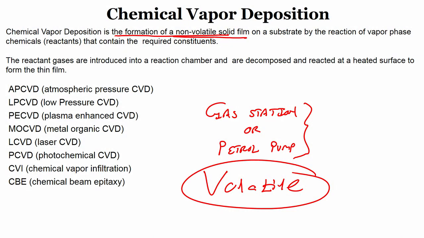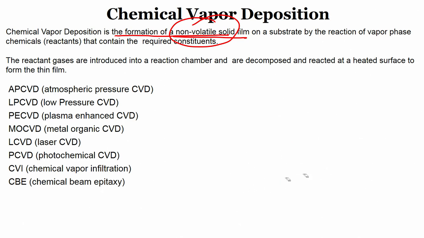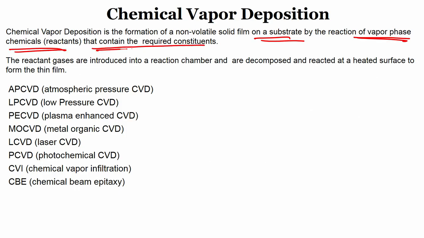So, when we talk about chemical vapor deposition, what is written? Chemical vapor deposition is a formation of non-volatile solid film, that means once it is deposited it will stay. I was just showing you the difference between volatile and non-volatile. Now, we know that CVD is formation of non-volatile film on a substrate by the reaction of vapor phase chemical reactants that contain the required constituents.